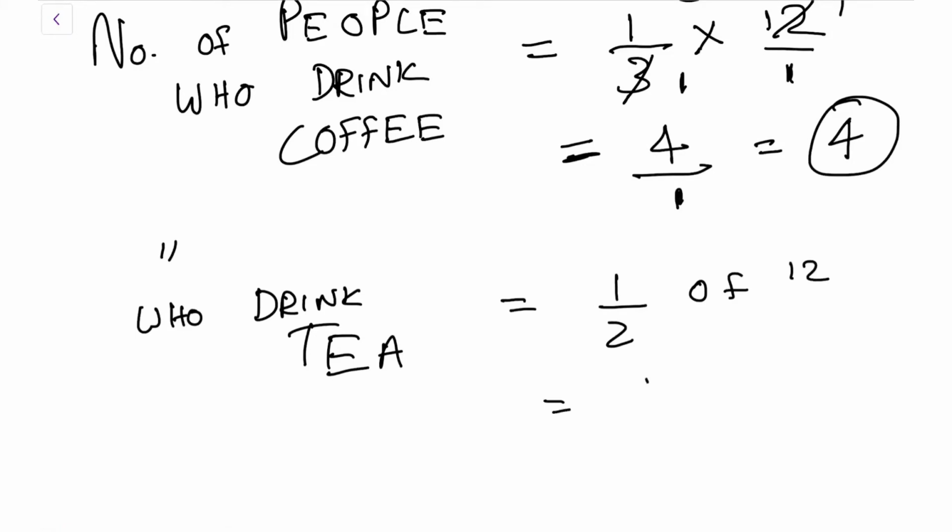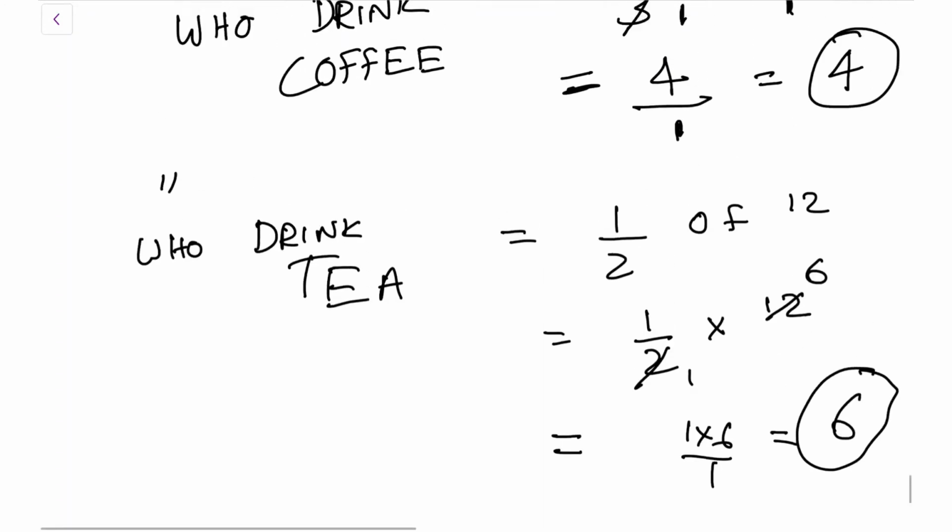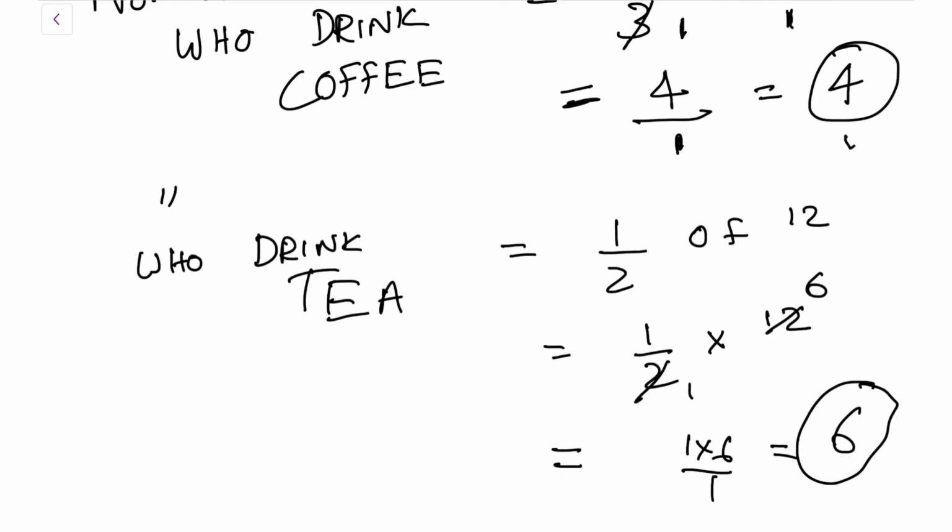What is half of 12? 1/2 into 12. That will be 2 1s are 2, 2 6s are 12. Therefore, 1 into 6 divided by 1, that is 6 of them drink tea. So we got that 4 people drink coffee and 6 people drink tea.